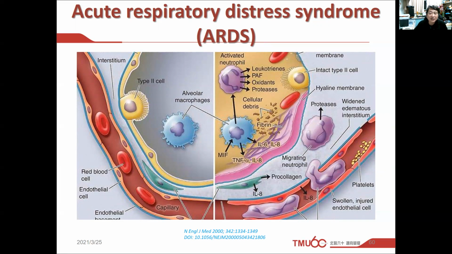However, there is another event I didn't mention previously. ARDS patients, if they survive, will in the later phase develop fibrogenesis, that is, fibrosis in the lung.